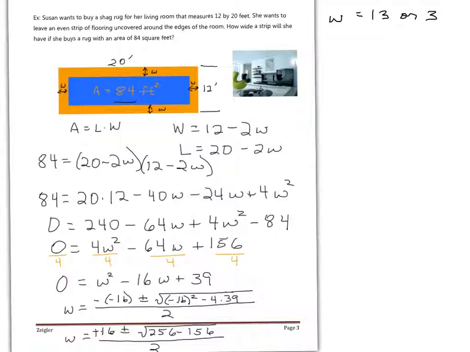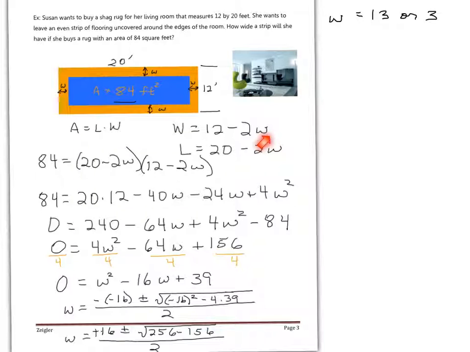Let's go back to our original picture and let's try if w equals 13. Let's look at the width of the room. The width of the room is 12 feet. So if w was 13, then the width of the carpet would be 12 minus 2 times 13, so it would be a negative number.